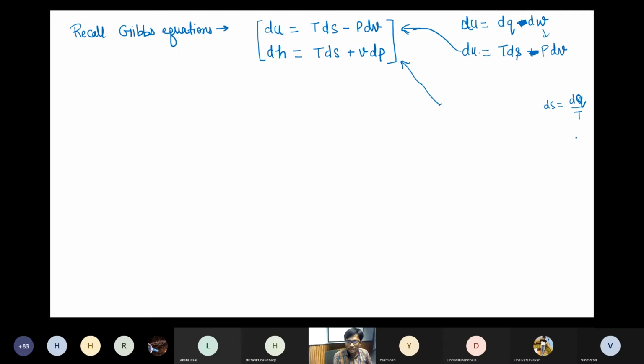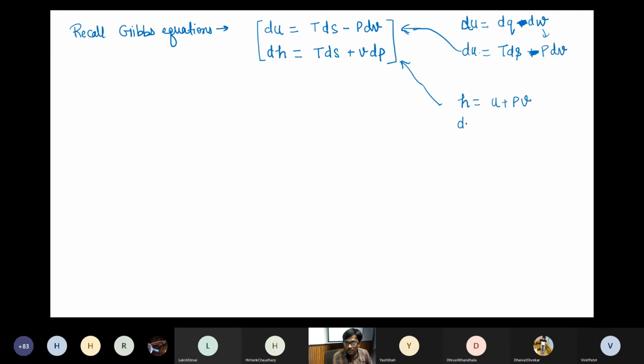Let us go one step back and derive this dH. H, we told, is our modified variable. So H is equal to U plus PV, right?